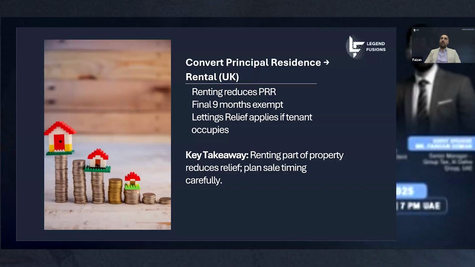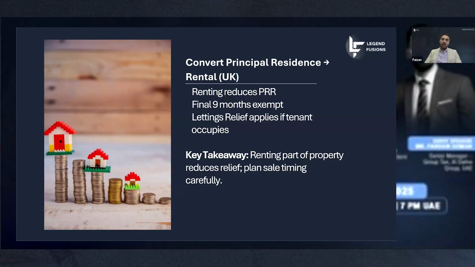Another scenario is something we call letting relief. The law has changed since April 2020, but there are still bits and pieces that can be used. Previously, you could have claimed a letting relief as a portion in the capital gains tax for the period you were renting out. However, after the 2020 changes, that relief has been almost minimized.